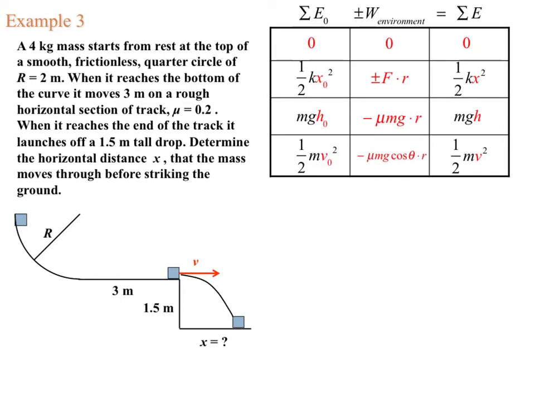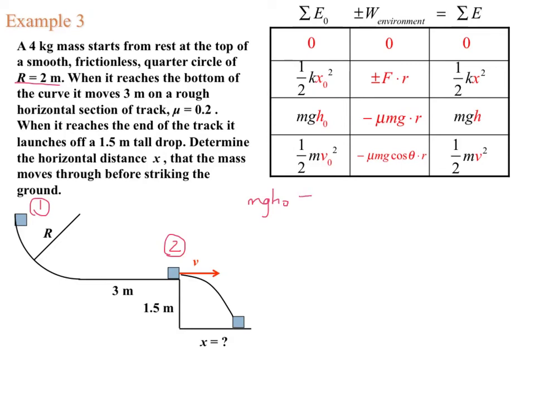But now, at this point, I'll call this point 2, we're still going to have some kinetic energy. So, in the previous problem, we didn't have any kinetic energy. That friction slowed us down to 0. In this case, it's only slowing us down to v. So, at the beginning, we have mgh, where h in this case is 2 meters.